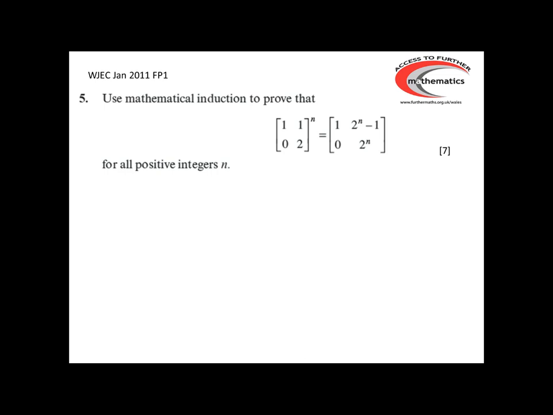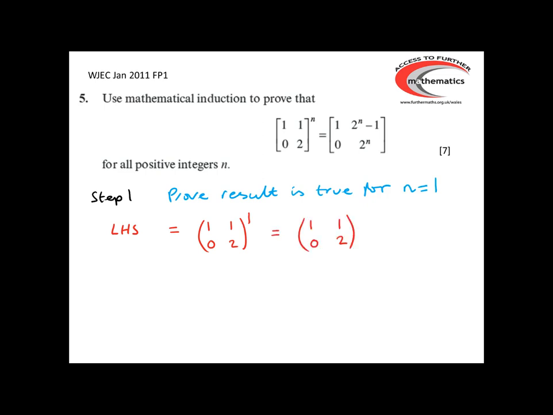So our first thing is we must go through step 1. We must make sure that the result is true for n equals 1. Well, when n equals 1, the left-hand side is simply the matrix (1, 1; 0, 2) to the power 1. Anything to the power 1 is simply itself, so we have the matrix (1, 1; 0, 2).